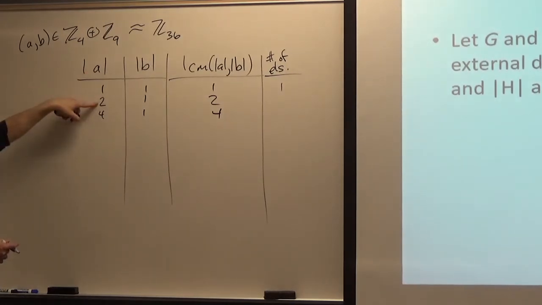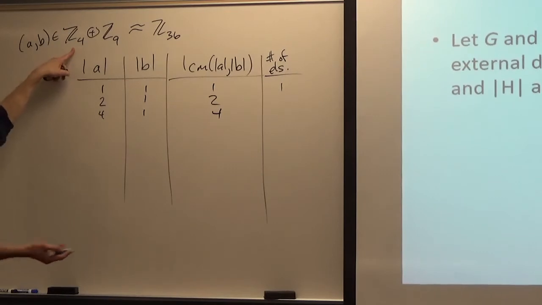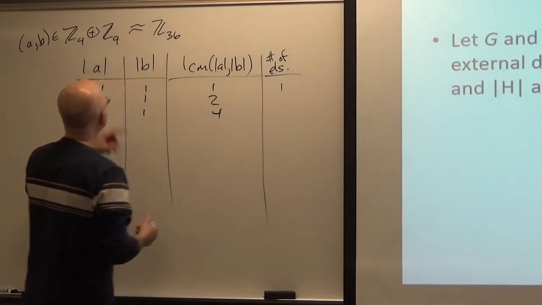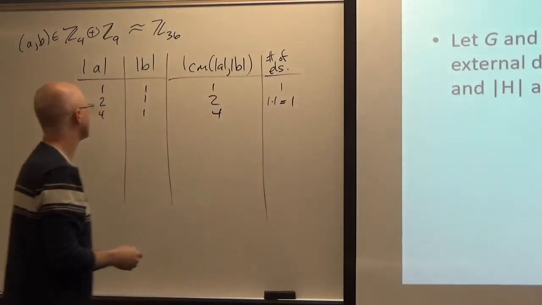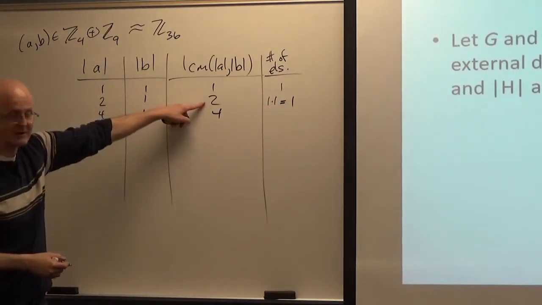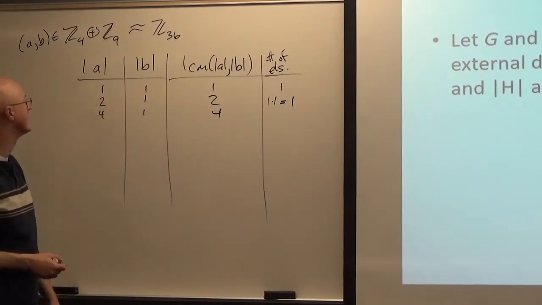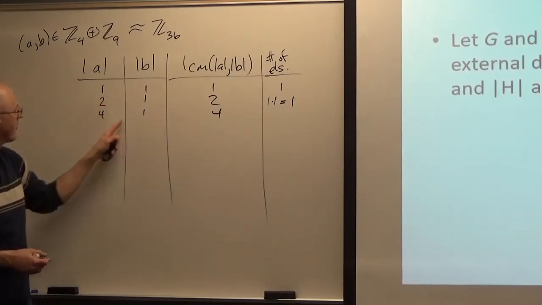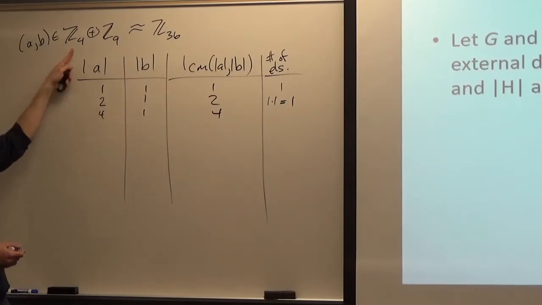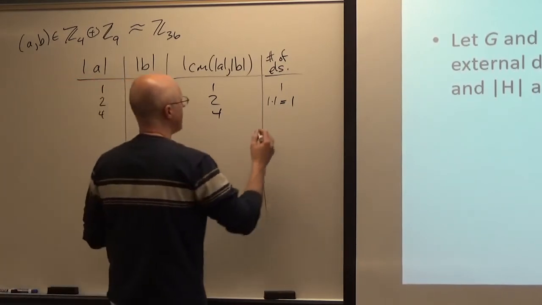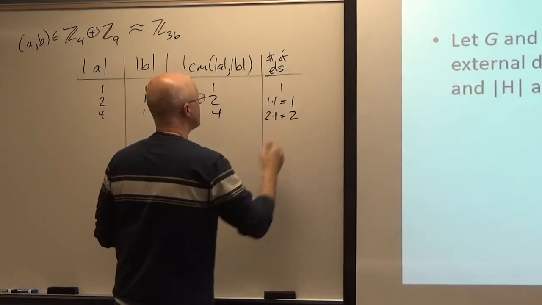This is representing an element of order 2. For A in Z4, 2 is the only element of order 2. There's only one element of order 1 in Z9, that's 0. Altogether you have 1 times 1, one element of order 2 coming from this combination. 2 elements of order 4 coming from this combination because there's 2 elements of order 4 in Z4, 1 and 3, the generators of Z4. Only one possibility for B, so you have 2 times 1 or 2 possibilities there.